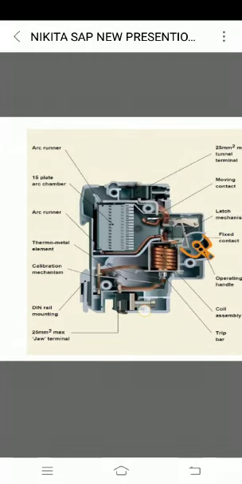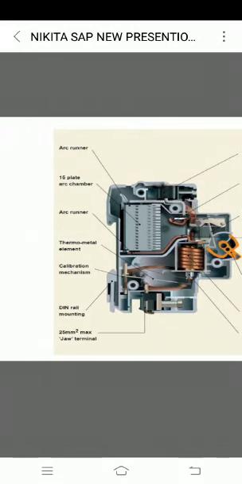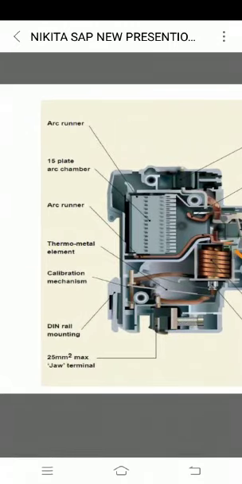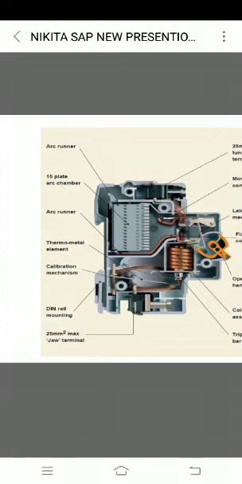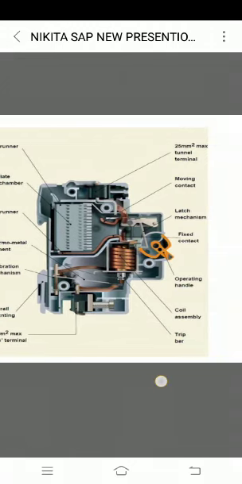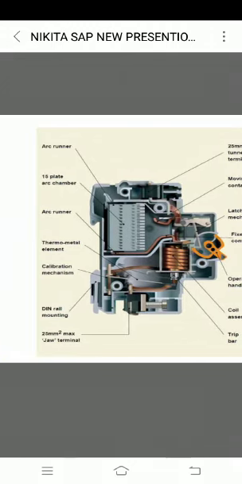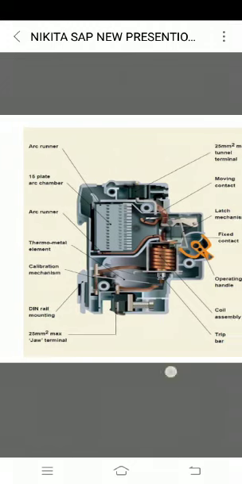So here we can see the construction of MCB. The upper side is the arc runner, then it's a 15 plate arc chamber, then here also one arc runner. Then at the bottom of this MCB, here is the jaw terminal.